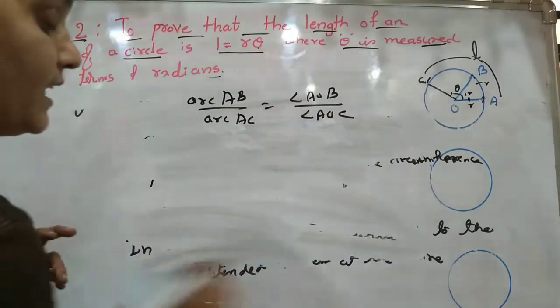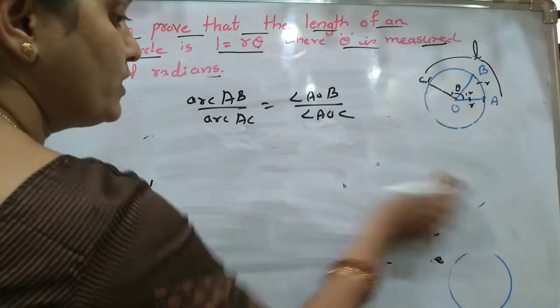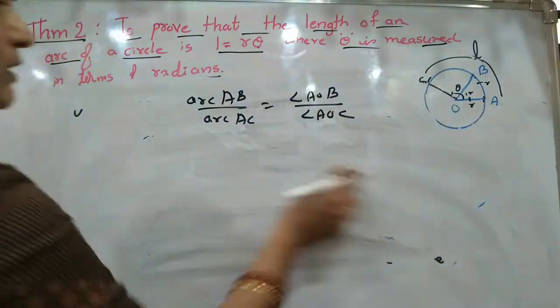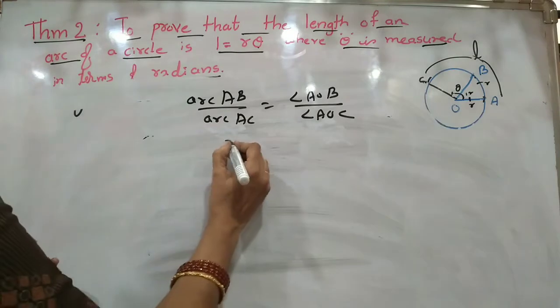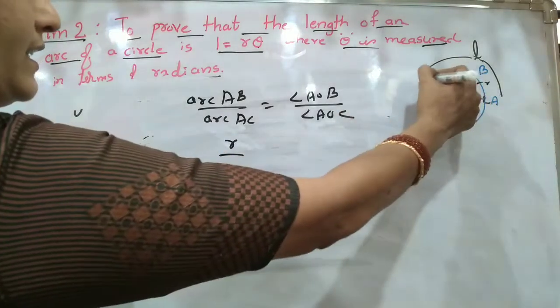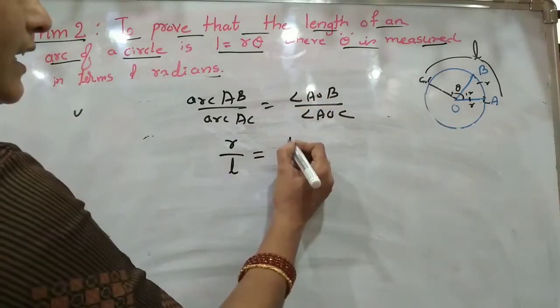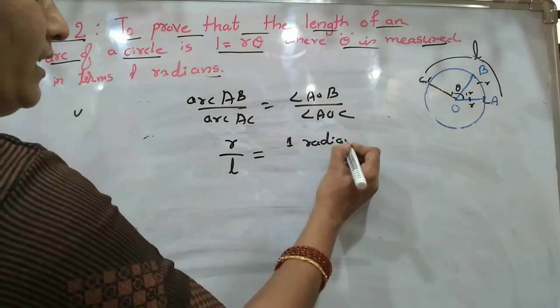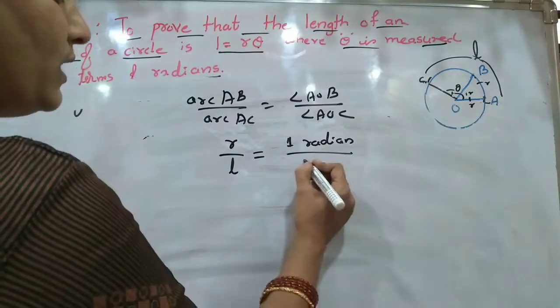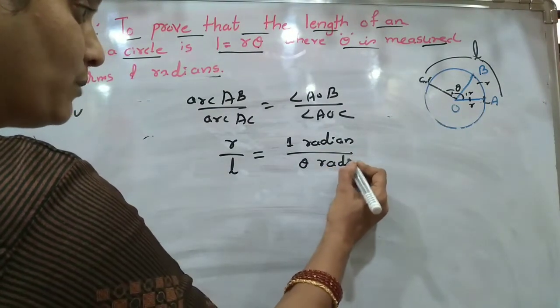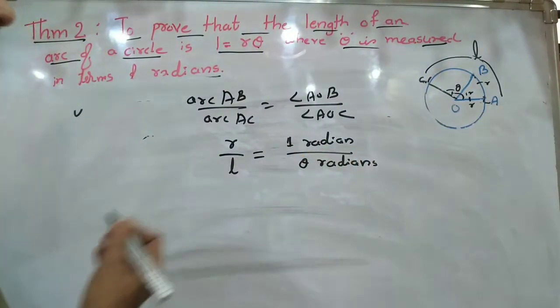Here, what is the arc length AB? You have chosen arc AB equal to the radius of the circle, so it is r. Arc AC, this we want in terms of theta, so I write arc AC. Angle AOB is 1 radian. Angle AOC, this also I write compulsorily in terms of radians only, theta radians.